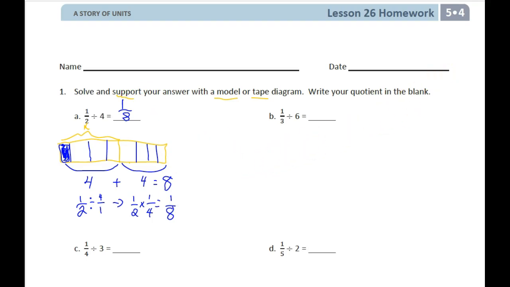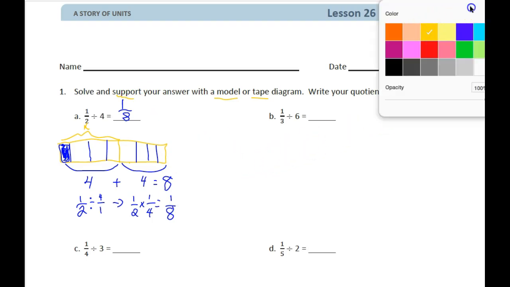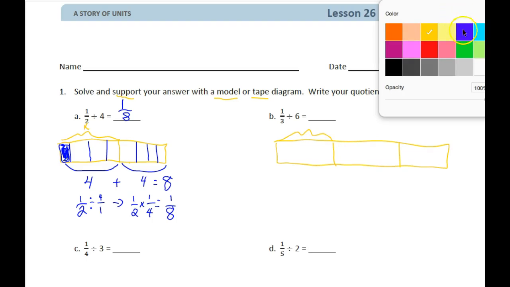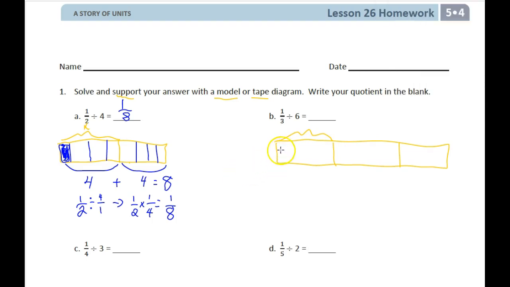Let's do the next one. And we're going to do it that same style where we have a whole. Here's our whole thing. And originally we're looking at thirds. So here's the one that we're looking at. And now we're going to start breaking our thirds into sixths.